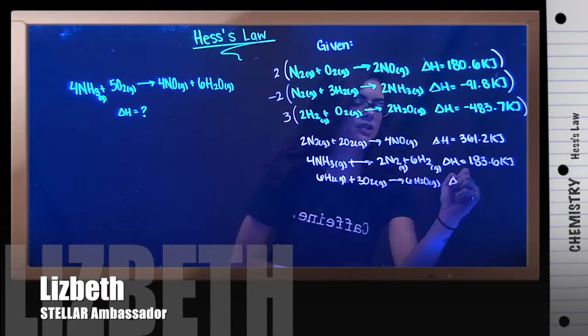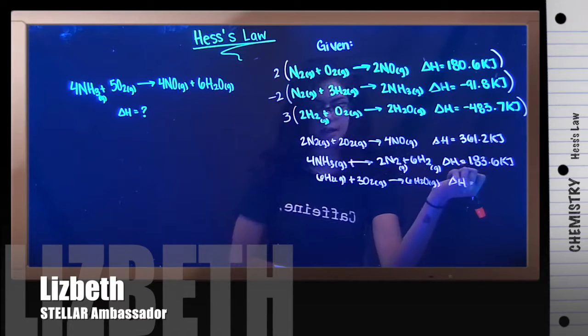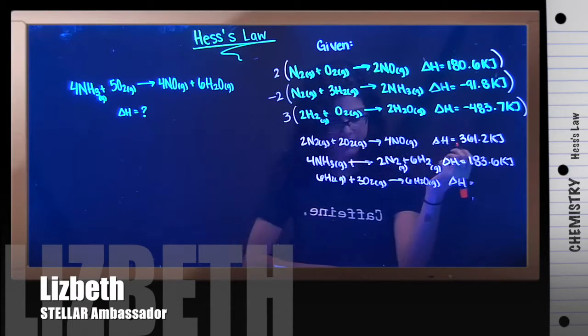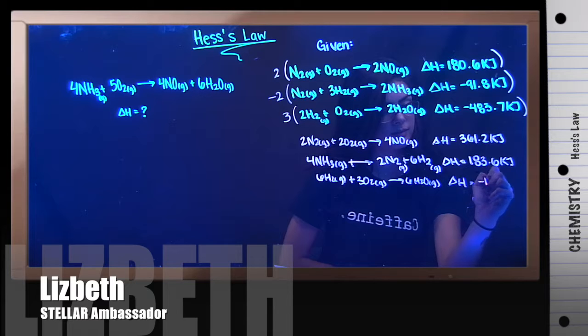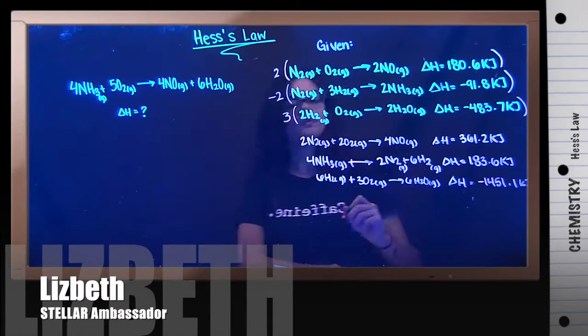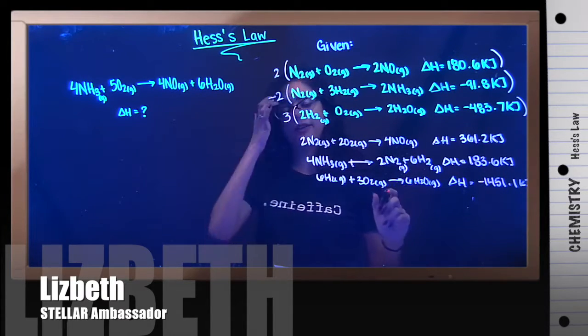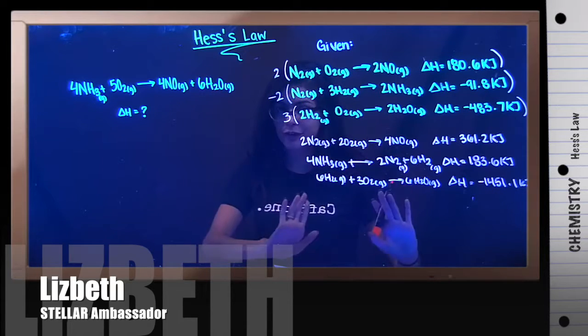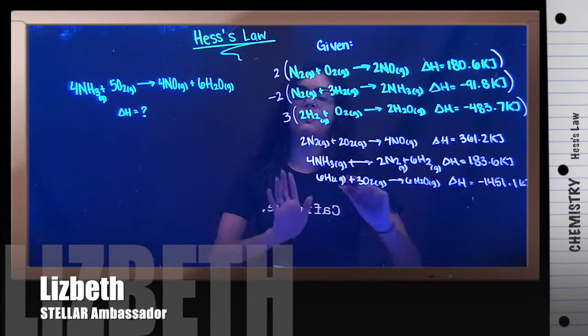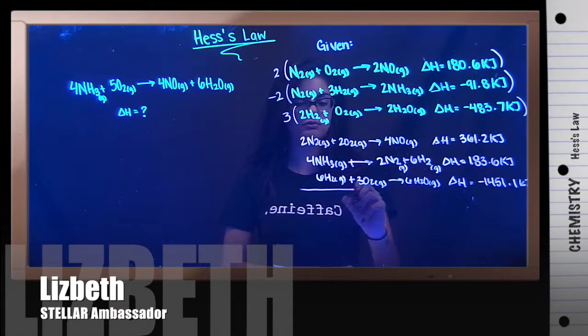And then the delta H is also going to be multiplied by 3, so that's going to give me negative 1451.1 kilojoules. All right, now that I have manipulated all of them to look like the parent reaction, I'm going to confirm that these make up the parent reaction by adding them all together.